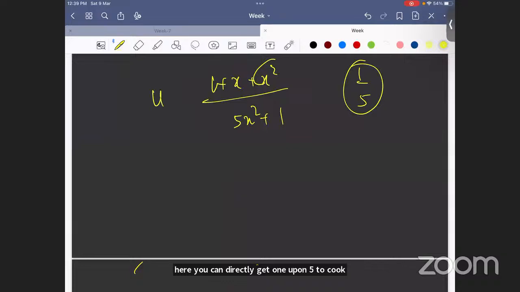Correct? If you have limit x tends to infinity. Okay, what you can do is try to solve some problems. We use the L'Hopital method when, yeah, here you are getting directly infinite by infinite, so you can use it directly.